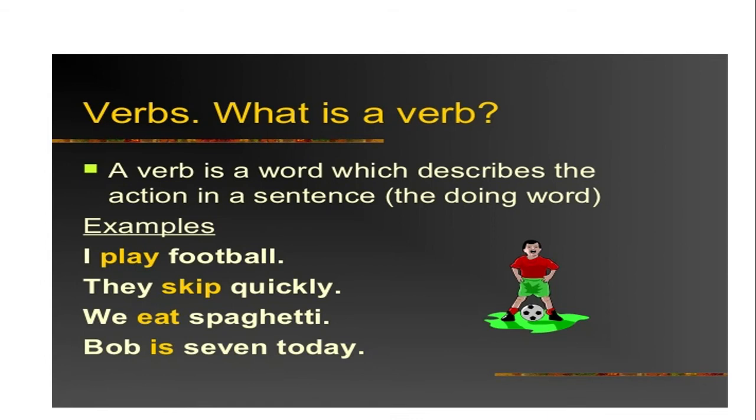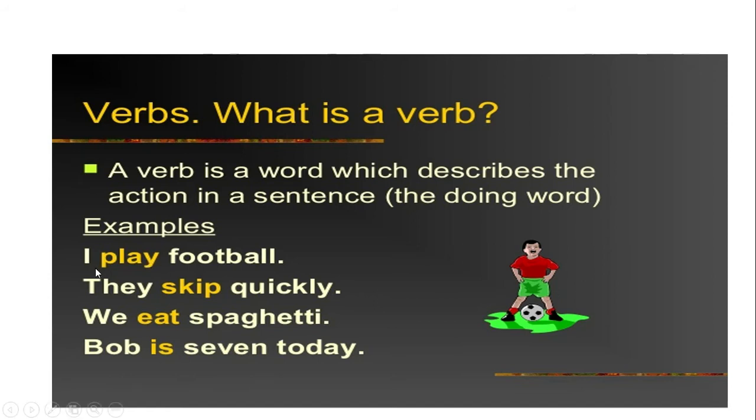What is a verb? In English, we have this word, a verb. The verb is a word which describes the action in the sentence, like play, run, eat, stop, pause, clean, clap, jump, read, write, hop, and cook.